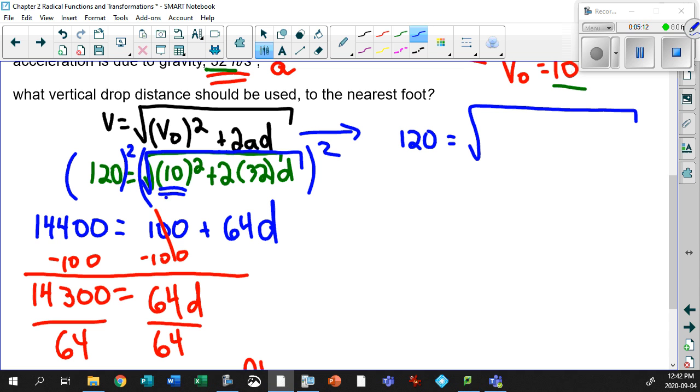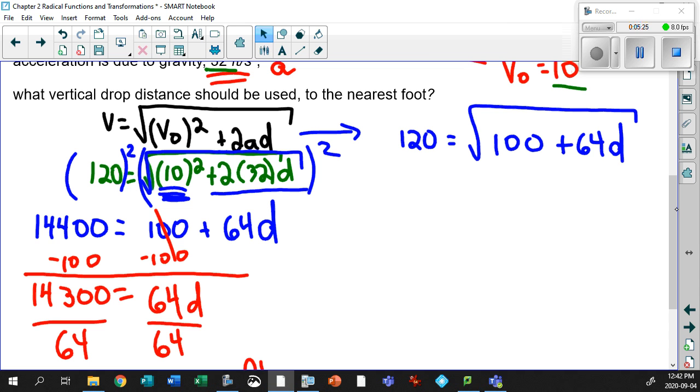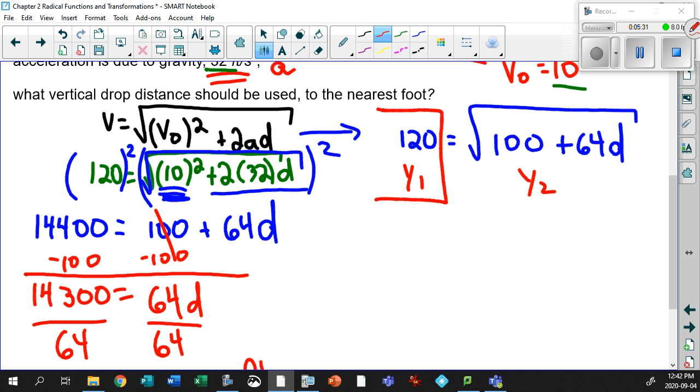That's 10 squared, that's just 100, plus 2 times 32d, so that's 64d. Well, look how pretty that is. Use this as your y1, use this as your y2. Now watch your window settings, because if that's y1, you're going to have to blast those window settings to at least higher than 120. Probably 130, 140 will do fine.